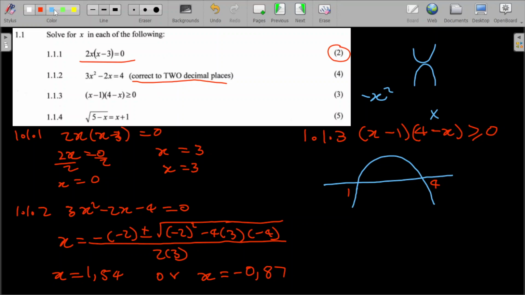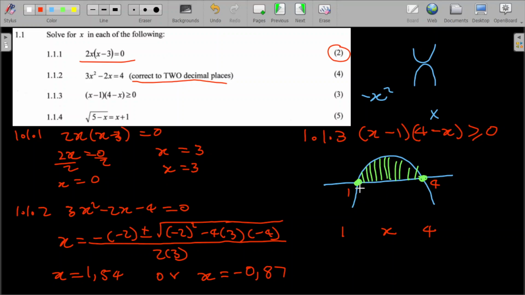I hope we are understanding that part. So greater at the top, this is my reference line, so it's going to be greater in this space here. Now everything is constrained to this one specific space. So I know it's going to be 1, x, and 4.